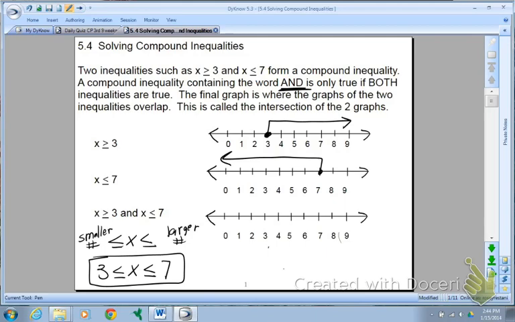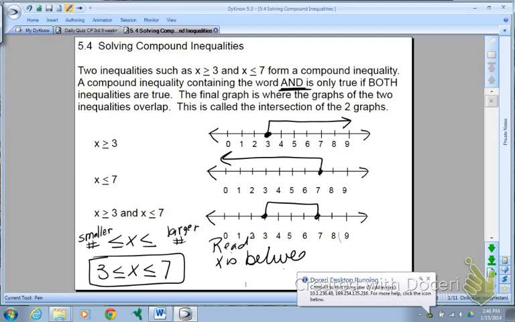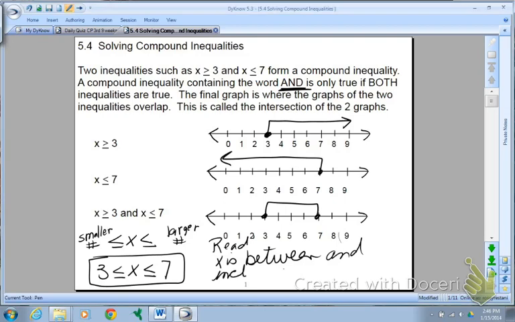Now let's graph it. The graph would be a closed circle at 3, a closed circle at 7, and everything in between. If I asked you to read what this means or write a sentence, we would read this as x is between and including both 3 and 7.